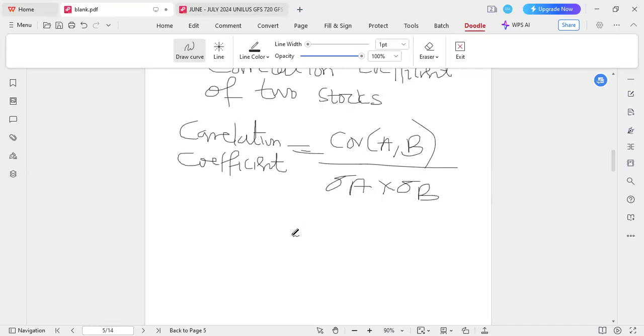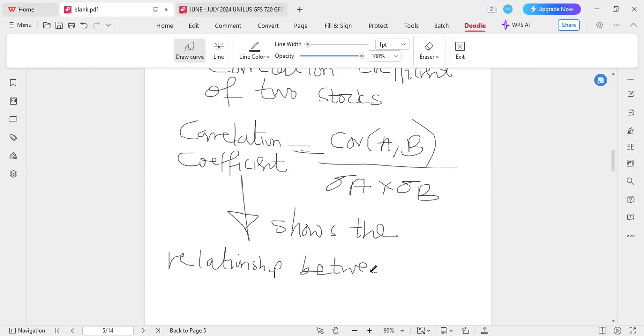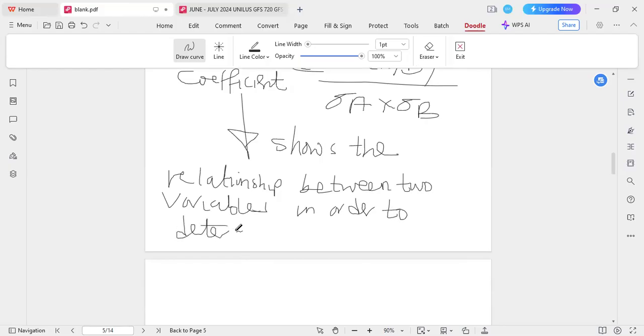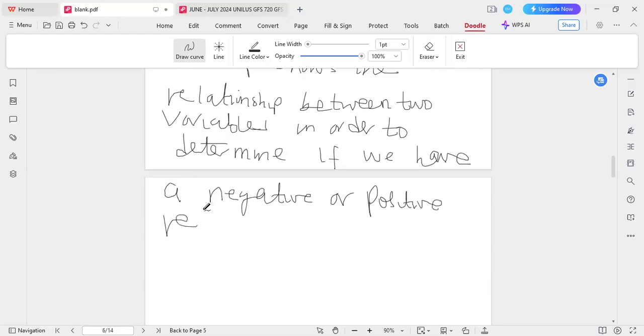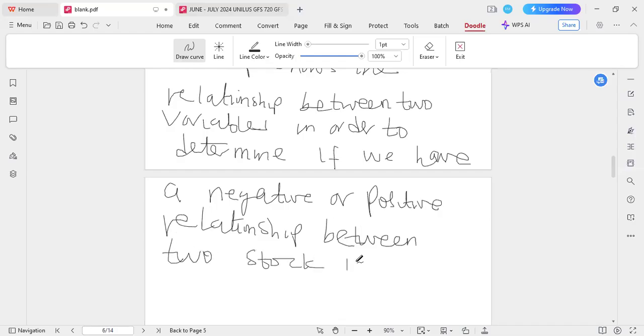And then correlation coefficient shows the relationship between two variables in order to determine if we have a negative or positive relationship between two stock returns.